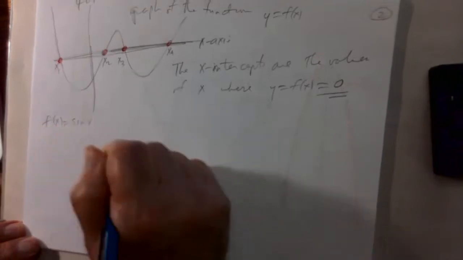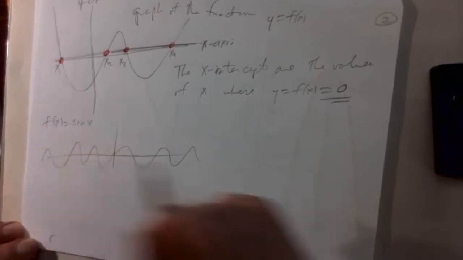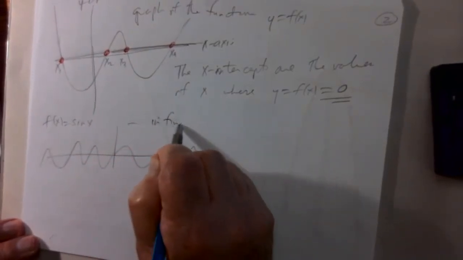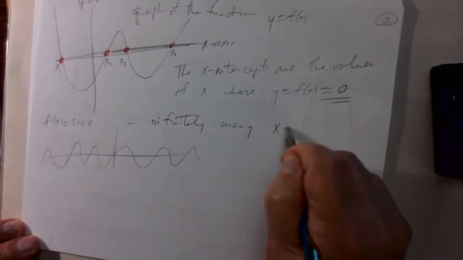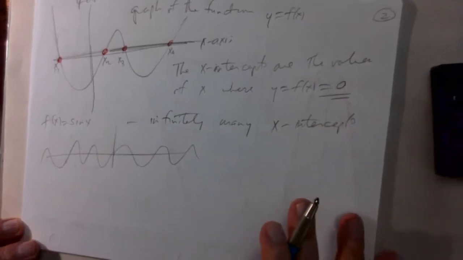So for example, if you take the function f of x equal to sine of x, the graph of this function is oscillating like this. There are infinitely many x-intercepts.